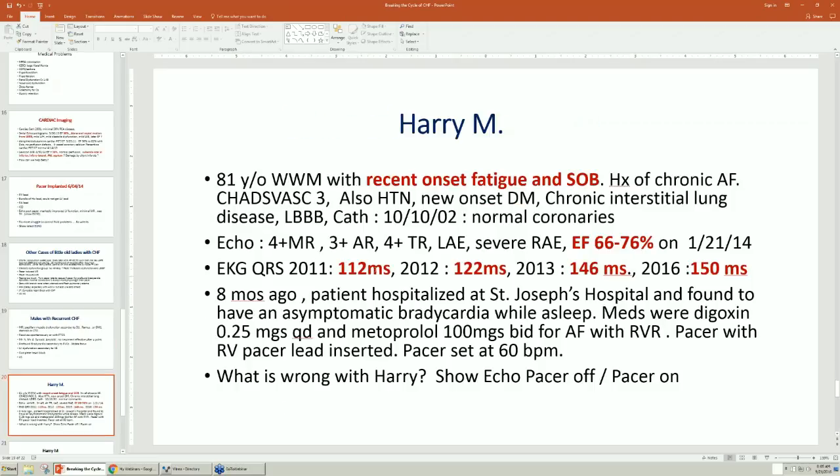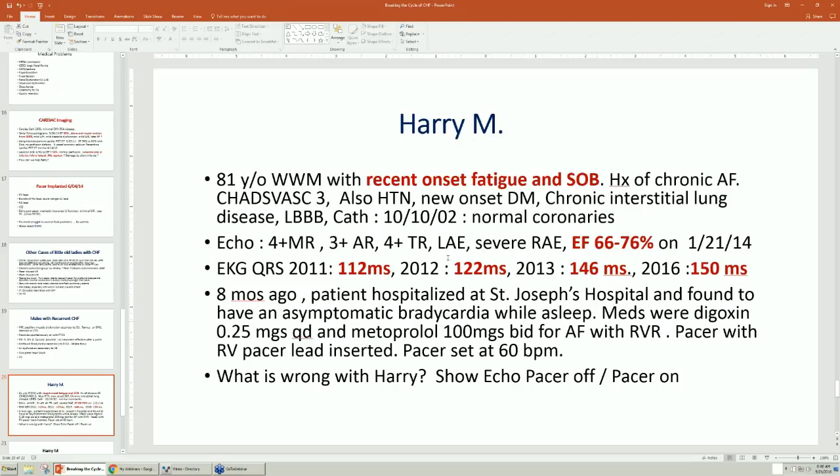So we have another patient to talk about very briefly. It looks like we're just about at the end of the time, but I want to tell you that his QRS duration increased very subtly, from 2011, 2012, 2013, to 150 milliseconds in 2016, and he got a pacer put in for having a slow heart rate at night, asleep, with digoxin and metoprolol on board to control his AF with RVR.